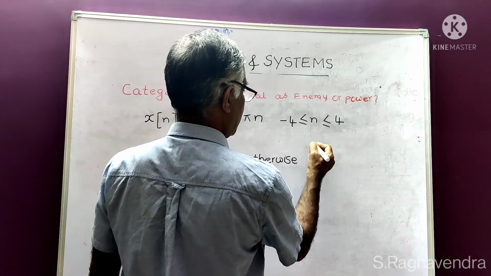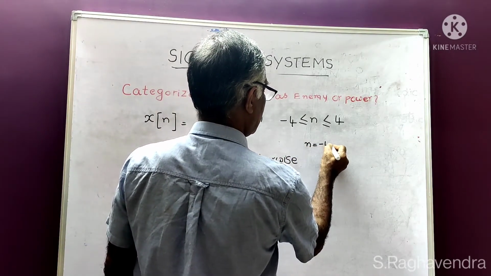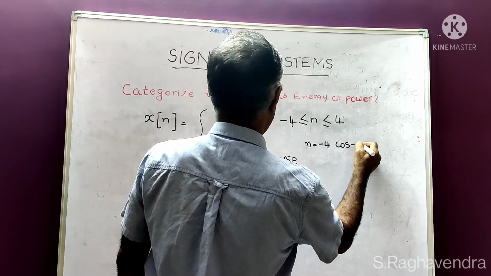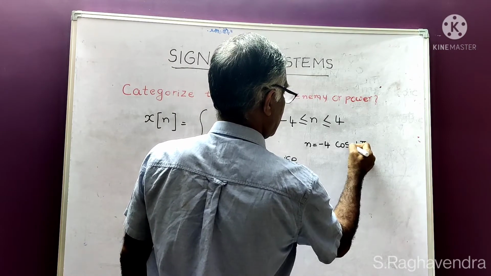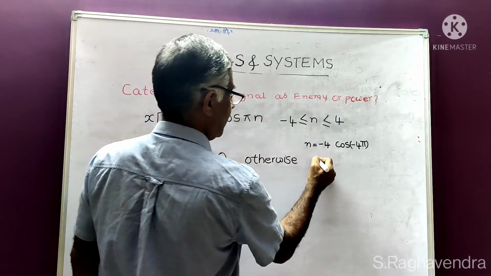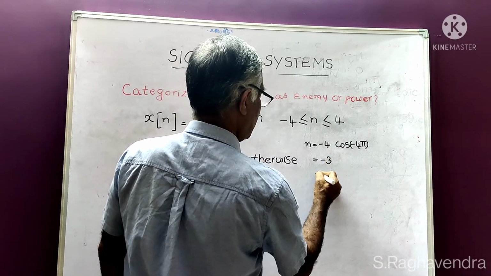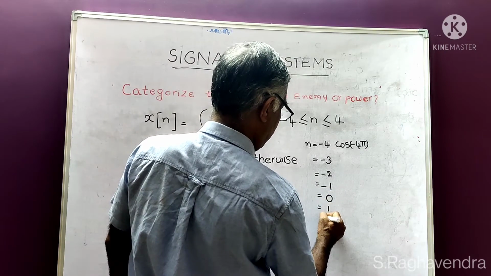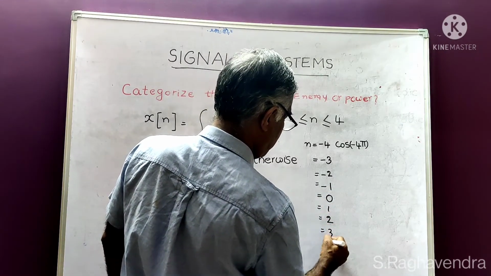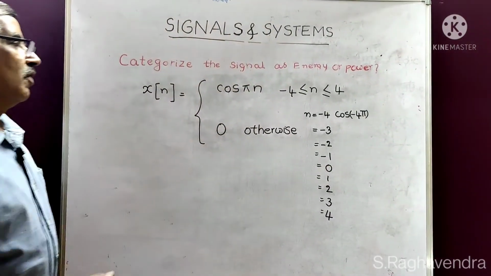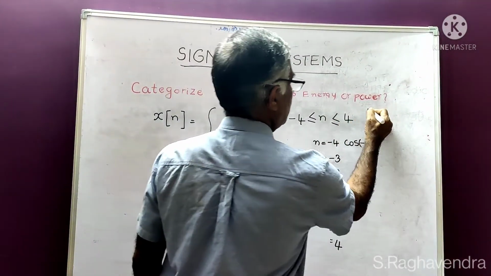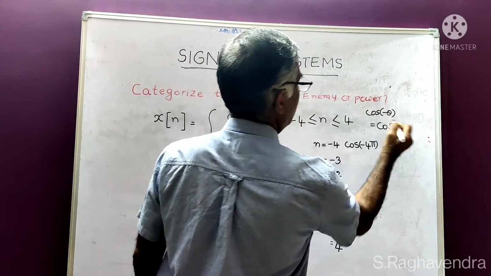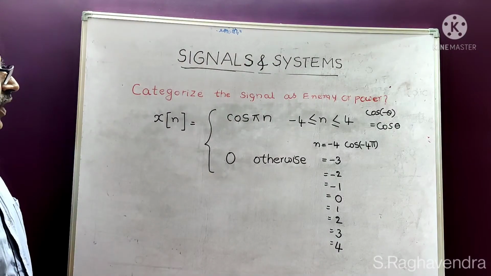First n equal to -4, then cos of minus 4 pi; then n equal to -3, -2, -1, 0, 1, 2, 3, 4. You must be knowing that cos of minus theta equals cos theta.